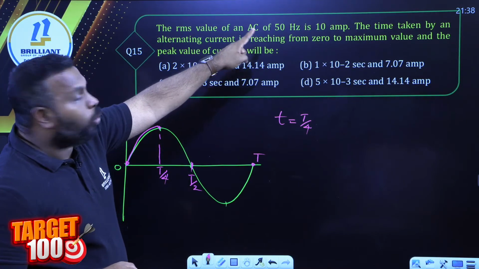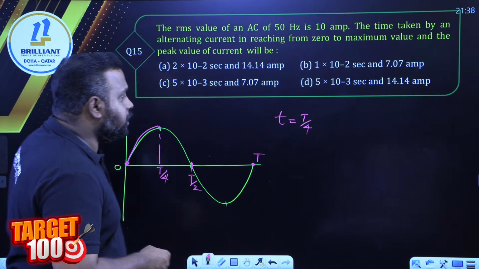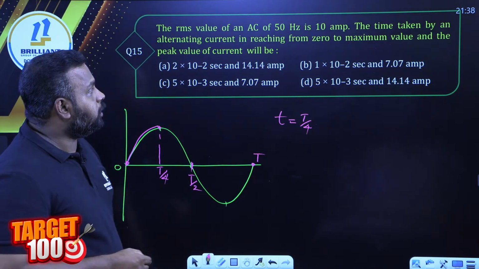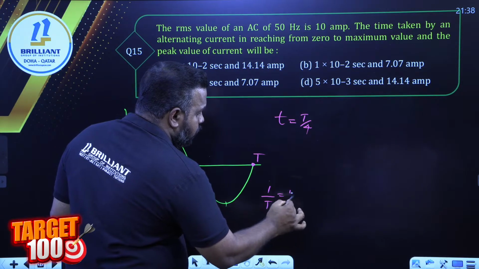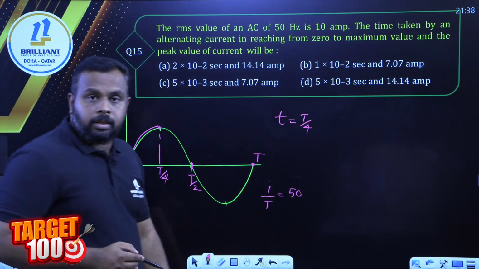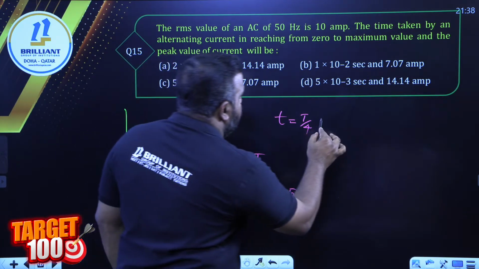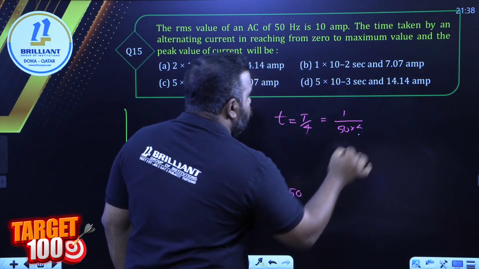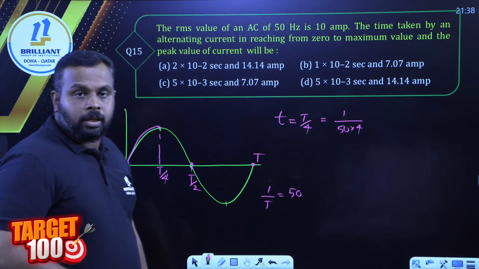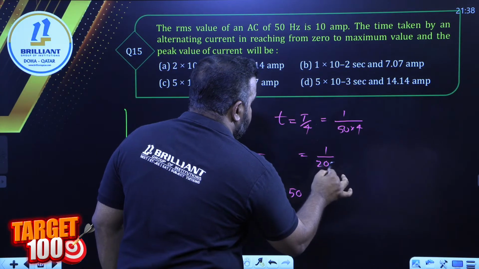But how to find that? Frequency is given as 50 Hertz. Frequency is the reciprocal of time period. That means 1 by T is equal to 50, so T is equal to 1 by 50. Substitute: 1 by 50 into 1 by 4 gives 1 by 200.